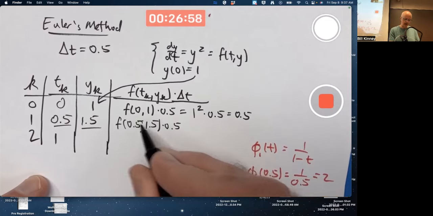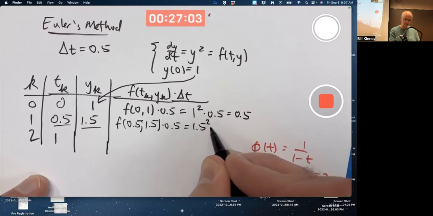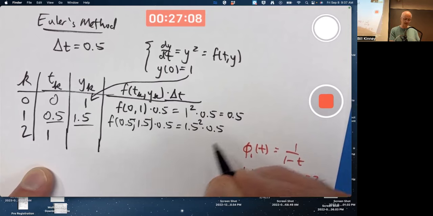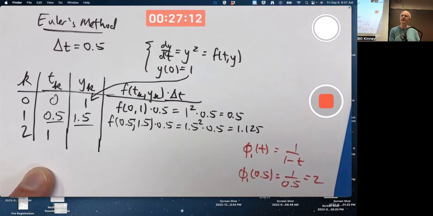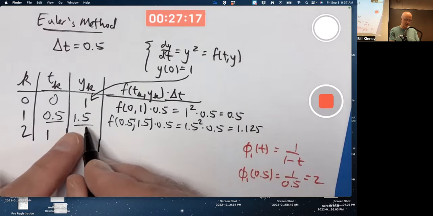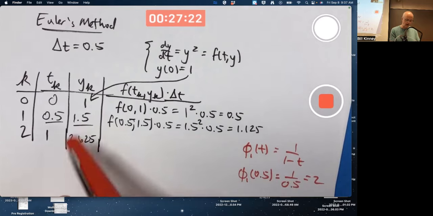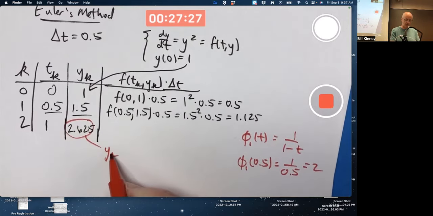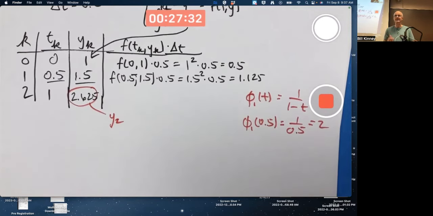F of 0.5 comma 1.5 times 0.5 will be 1.5 squared times 0.5. 1.5 squared is 2.25. Half of that is 1.125. Did I do that right in my head? That's the approximate change in the solution. So I have to add that now to 1.5 and get 2.625. So there's y2. There's your approximation for the solution at time 1, because delta t is 0.5.